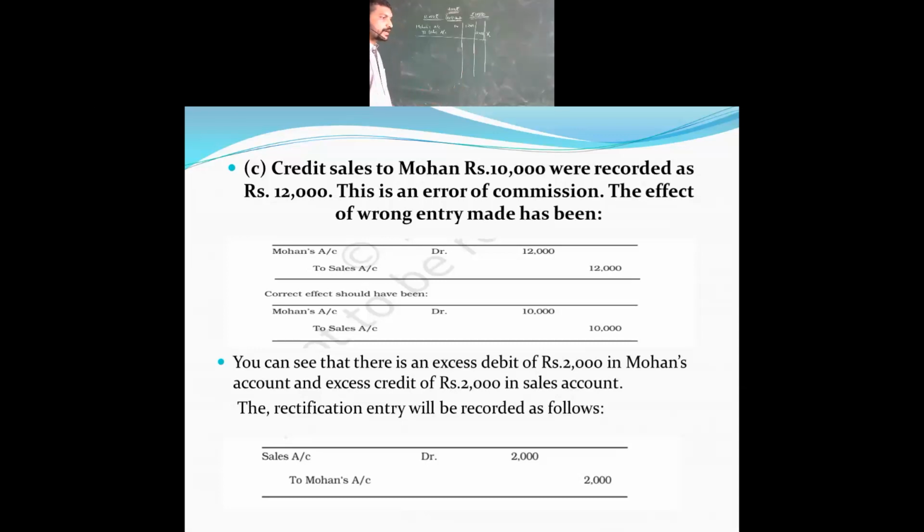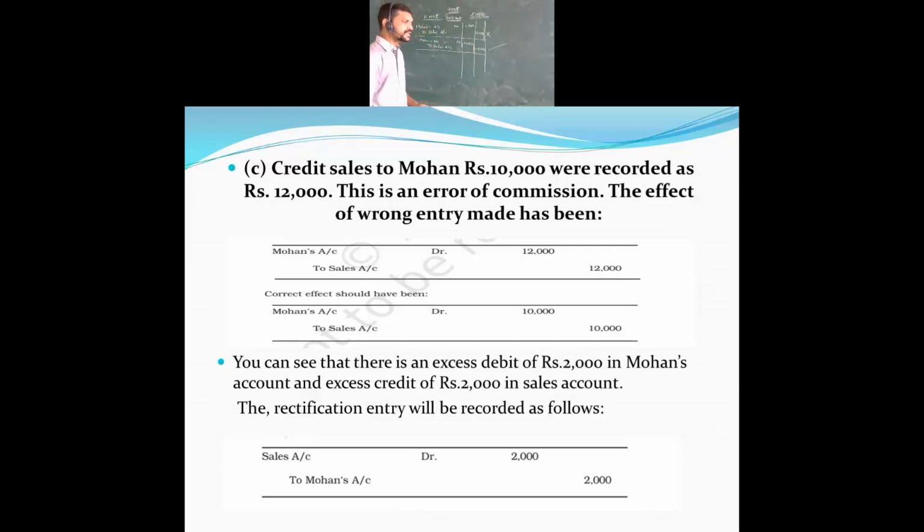Then what would the correct entry be? The correct entry would be Mohan's account debit 10,000 rupees to sales account 10,000. So this is the correct entry you should have made. But now for this you have to make a correction. How will the entry come for the correction?